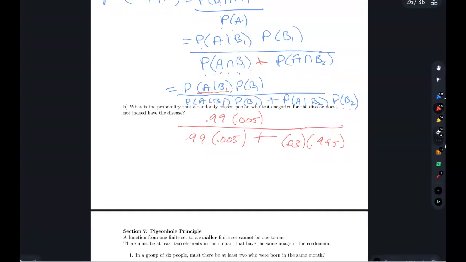Okay, let's do this last one. I'm going to erase this so we have some room to work.